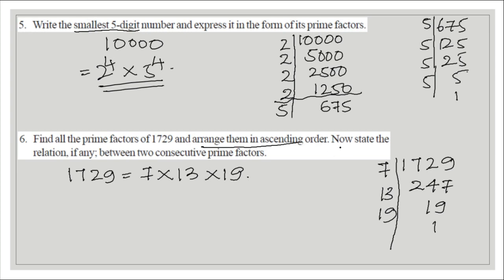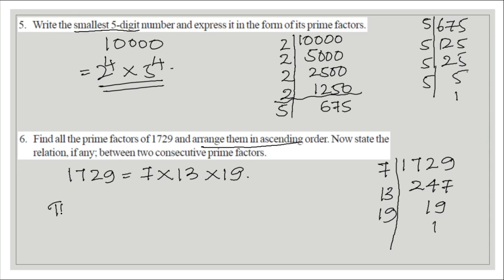Now we need to state the relation, if any, between two consecutive prime factors. Observe 7 and 13. 13 is larger than 7 by 6. So when 6 is added to 7, we get 13. The next number 19 is the sum of 13 and 6.